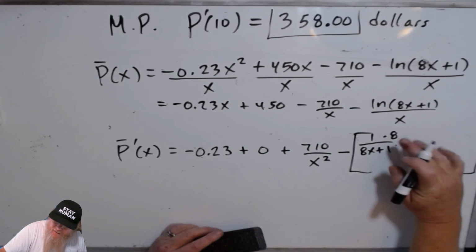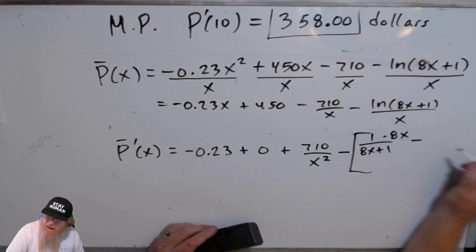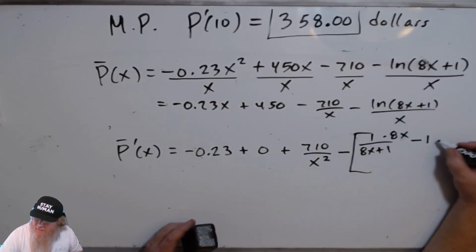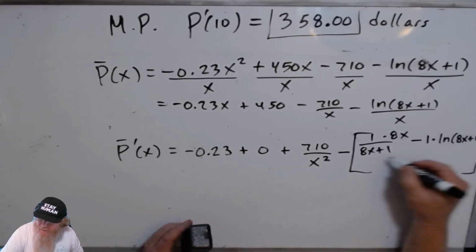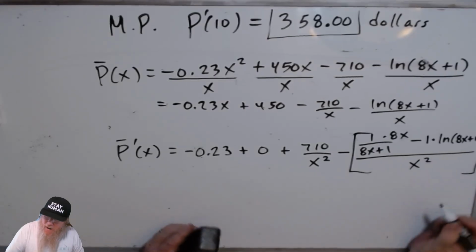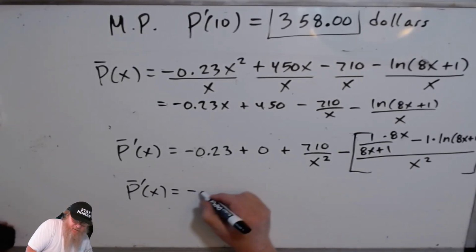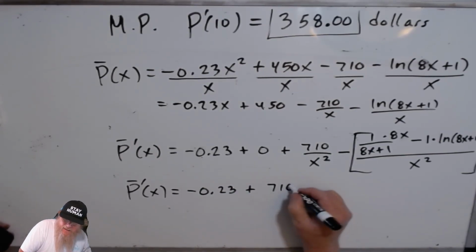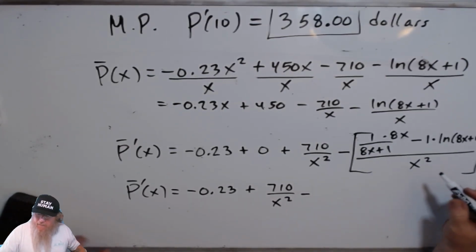Just going to put the times 8 on top. Times the bottom, x. Minus the derivative of the bottom, 1 times the top, ln 8x plus 1, all over the bottom squared. Now don't get too concerned. This is going to clean up. I don't really want to say nicely, but it's not that bad.